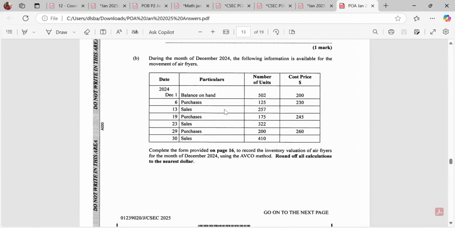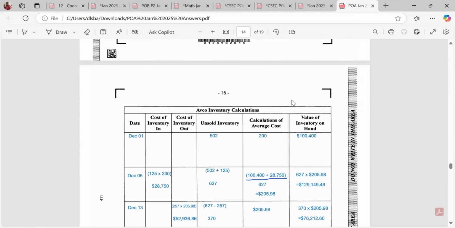Then they said we purchased 125 units at the cost of 230 per unit. So on the 6th, the inventory is coming in because we're purchasing it. So we recorded under cost of inventory in. The cost of the inventory would have been 125 multiplied by 230, because 125 units and it costs 230 each. So we calculate it, get the total.